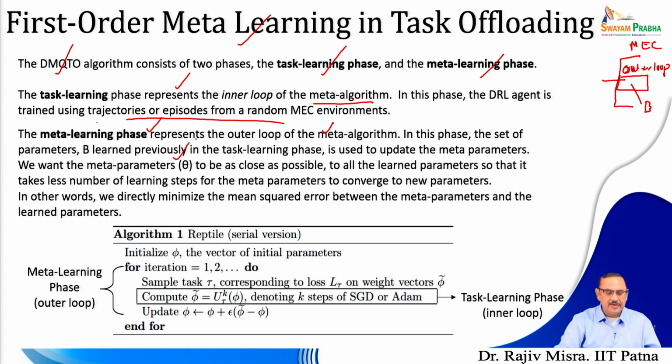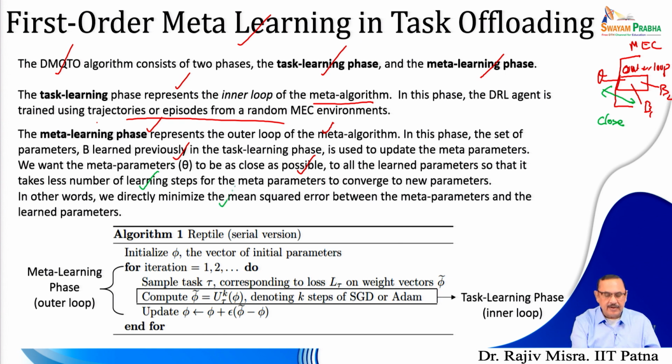We want this meta parameter theta to be as close as possible to all the learned parameters, so that it takes fewer learning steps for the meta parameter to converge to the new parameters.